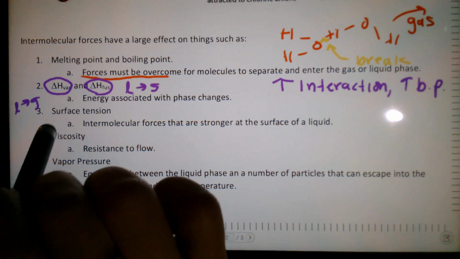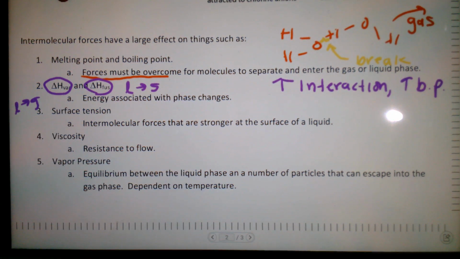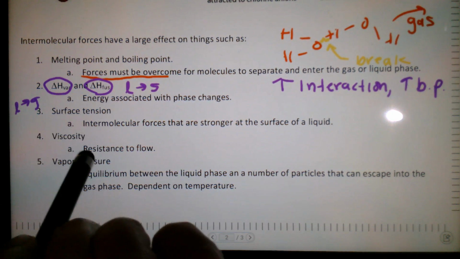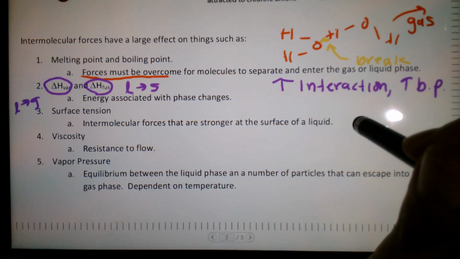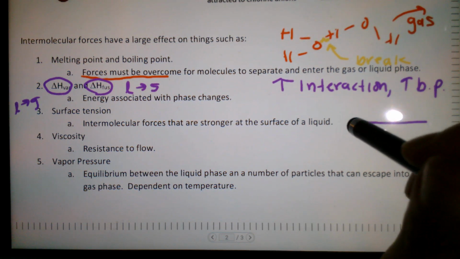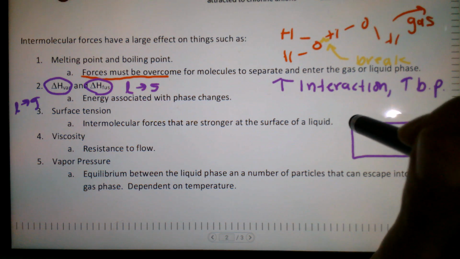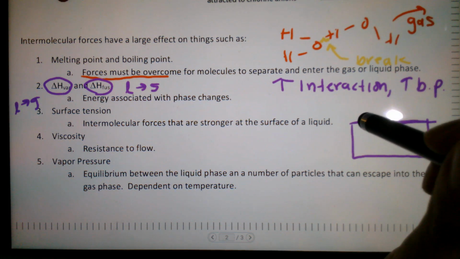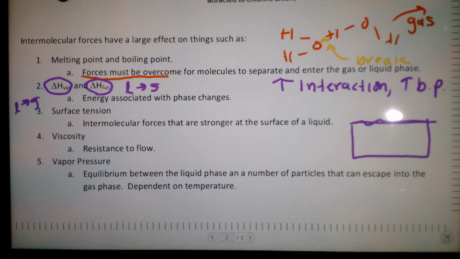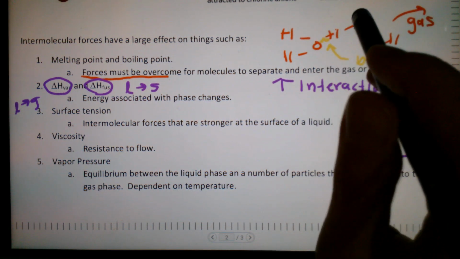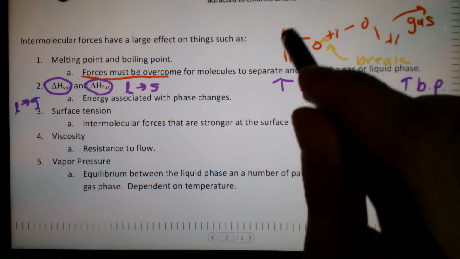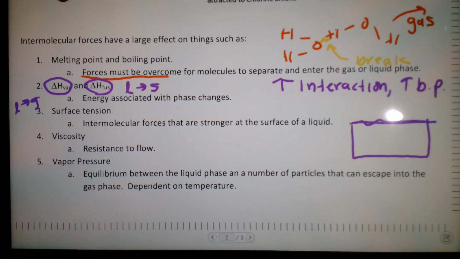So we won't talk about 3 and 4 too much in this chapter, but surface tension. What surface tension means is if you have, say, the surface of a liquid up at the top, the molecules tend to hold on a lot stronger at the surface. That's because we like to form all of these bonds, these hydrogen bonds or these interactions, in as many different angles and locations as we can.